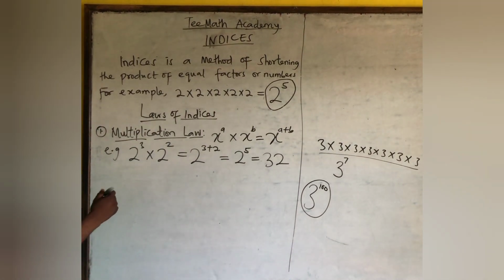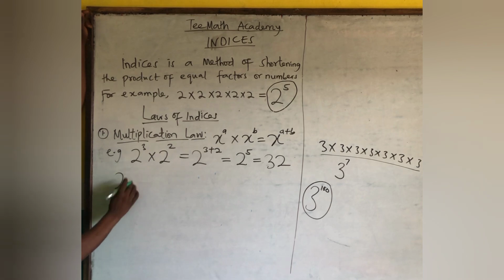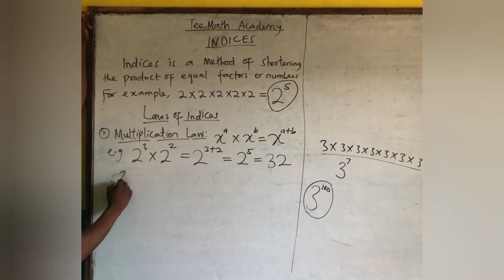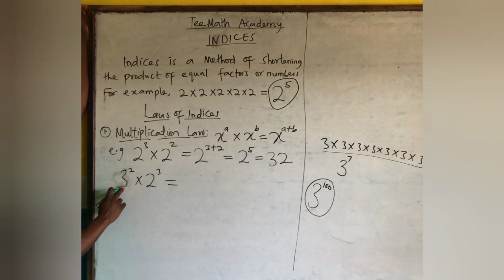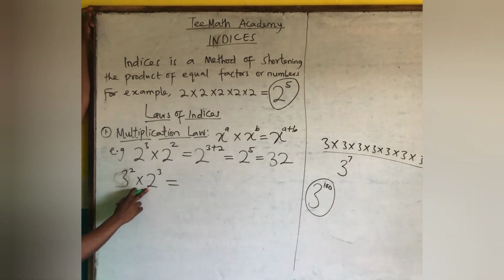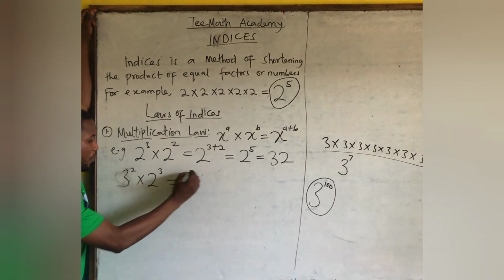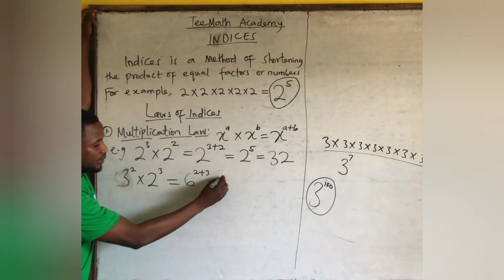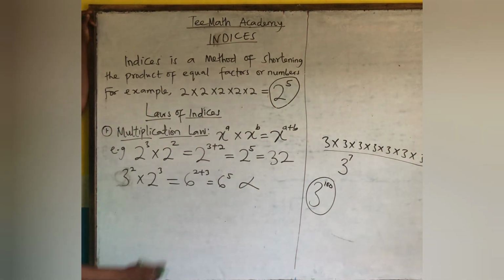Then I've come across this where many students will say, let me use 3. If I have 3 raised to power 2 times 2 raised to power 3, a lot of students know that the bases are not equal. So what they will do is say 3 times 2, 6, then 2 plus 3, that will be 6 power 5. This is very wrong. You don't solve like this.